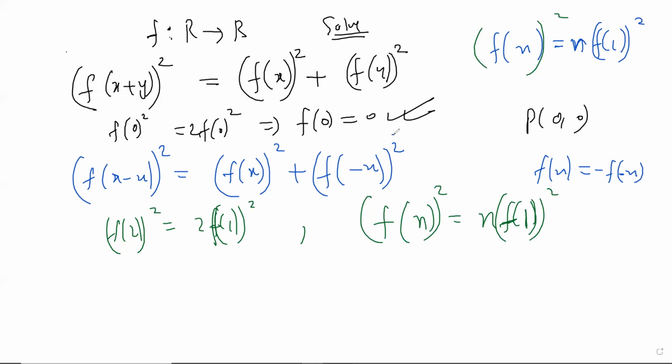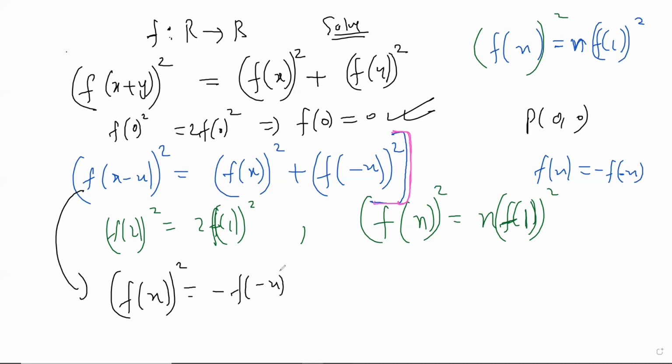However, look at this equation for a second. I think we underestimated this. What will that give you? That minus f of minus x squared is equal to f of x squared, because f of x minus x is f of 0.